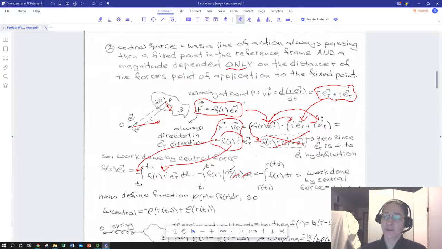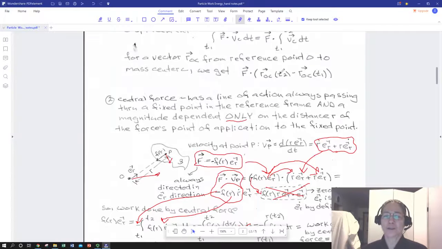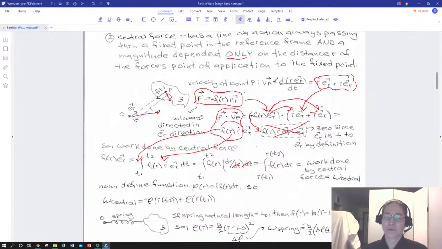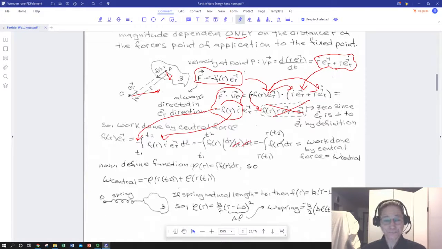And now instead of integrating from one time to another, we can integrate from one position to another, which might be easier to measure. Remember how with our gravity, we ended up with the work of the force being position dependent. So we're going to end up with another position dependent kind of expression down here.